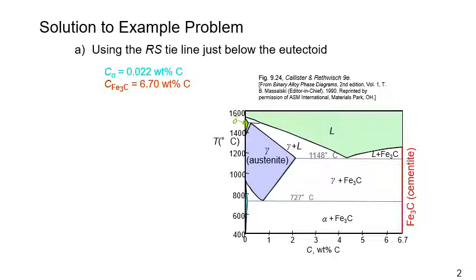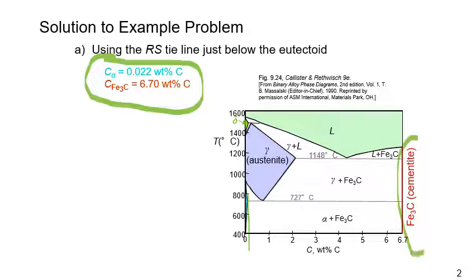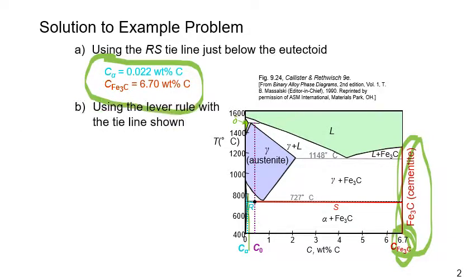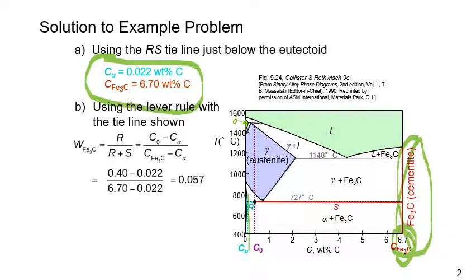So we start by looking at the ends of the RS tie line, and we could pick off the endpoints. The carbon content of ferrite right here is 0.022, and the carbon content of cementite right here is, I'm sorry, 6.7. And then we'll use the lever rule with the tie line to calculate the amount of iron carbide.